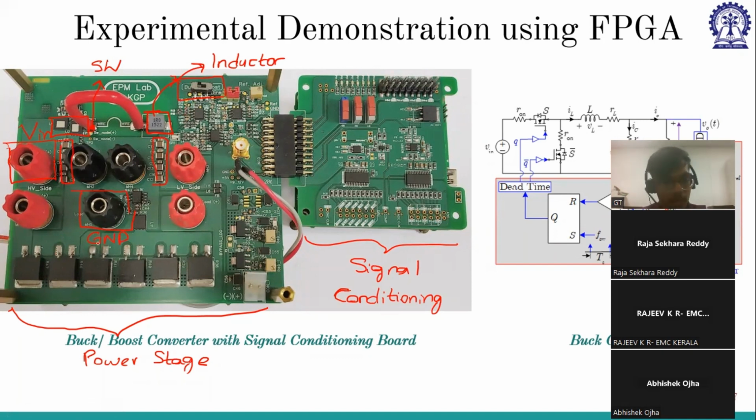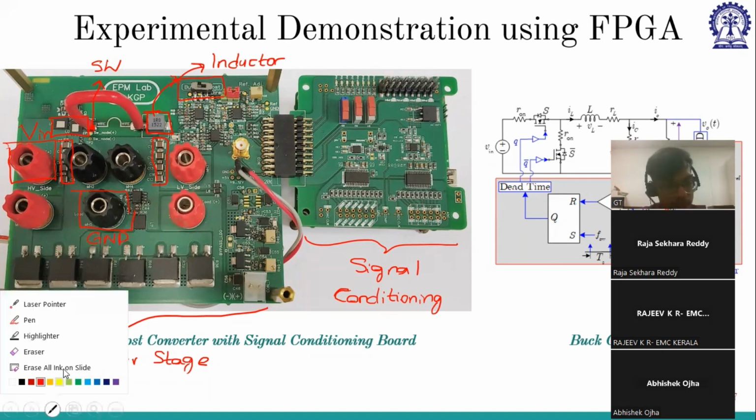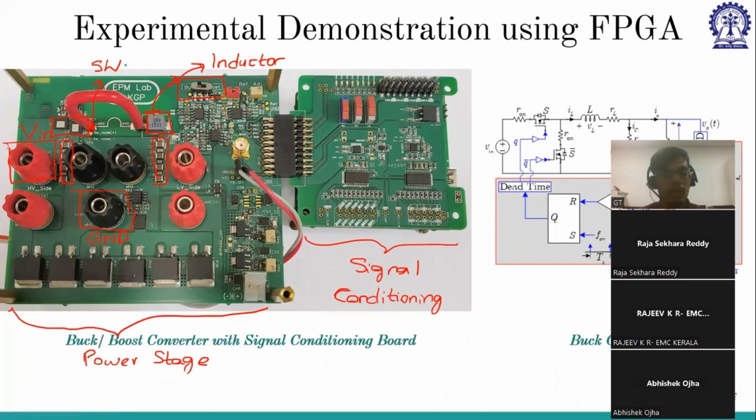And if you see this part, this is for the sensing, mainly for IL, comma V0 sensing.